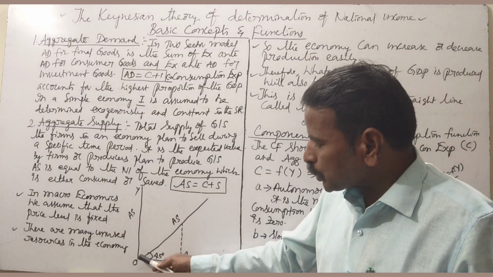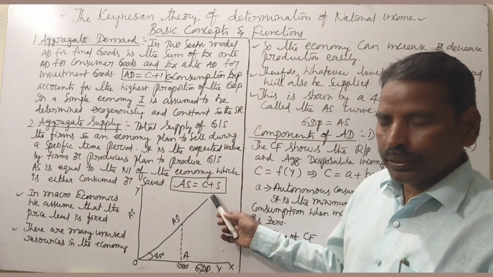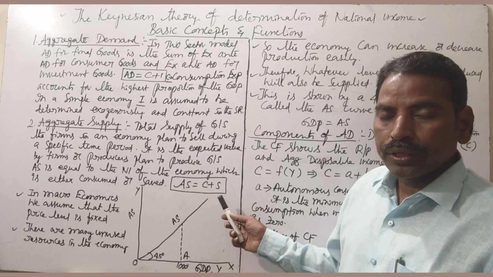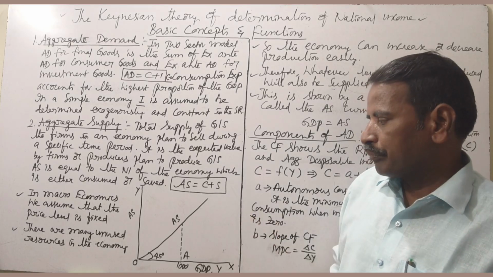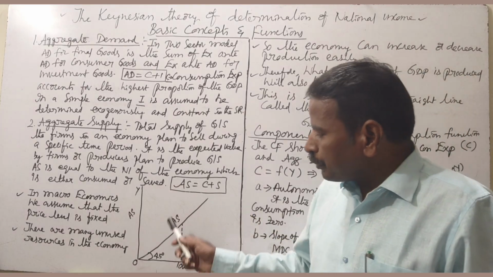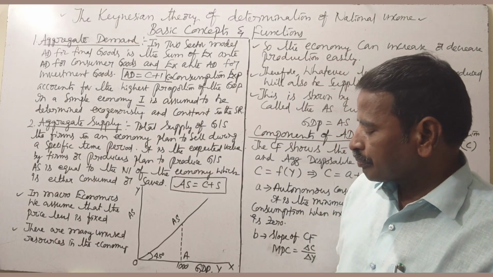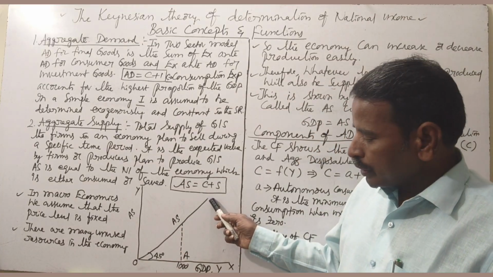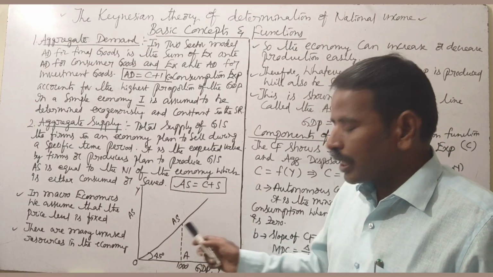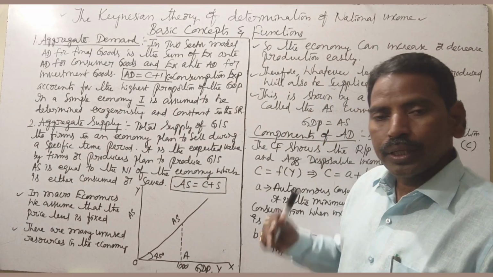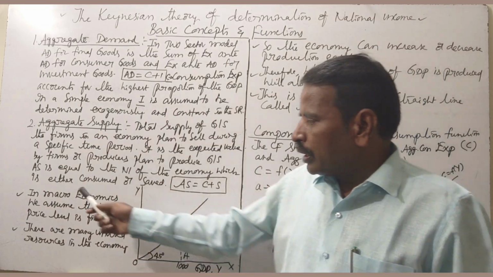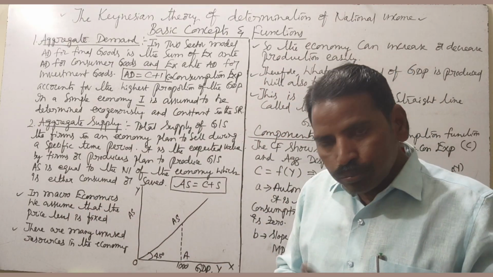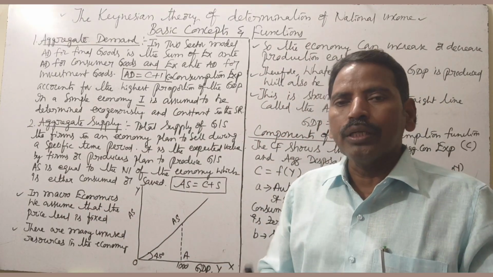The aggregate supply curve slopes upwards from left to right as a 45-degree straight line. That means here in macroeconomics, we assume that the price level is fixed.